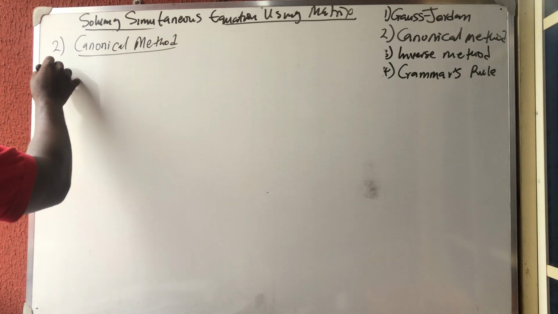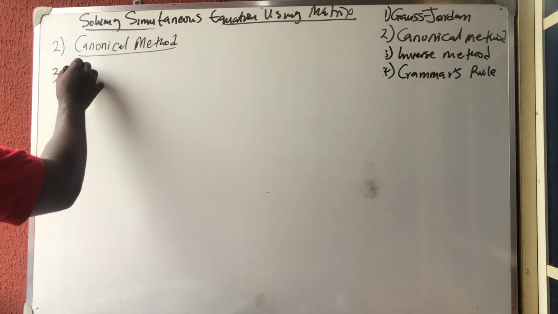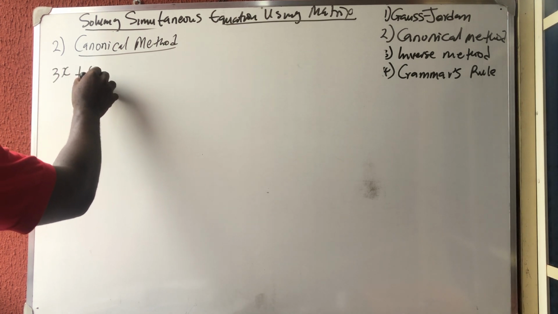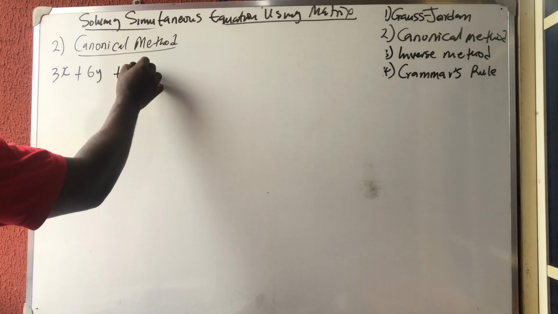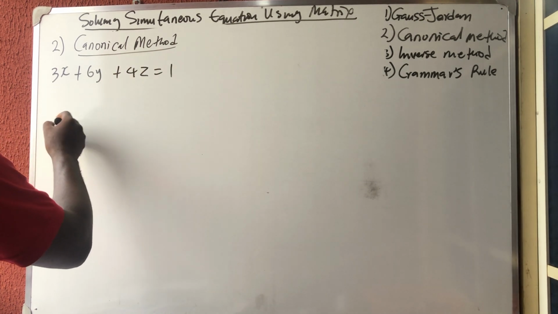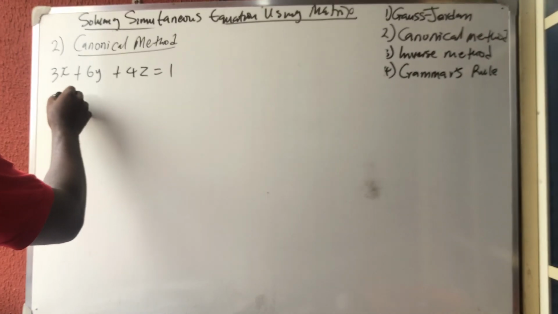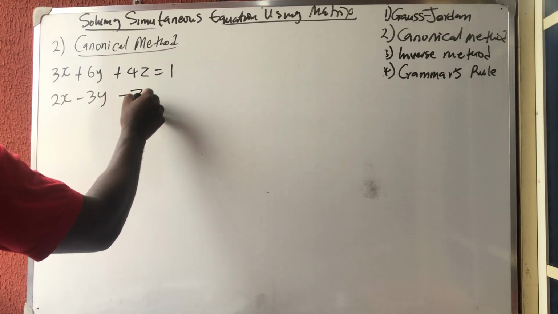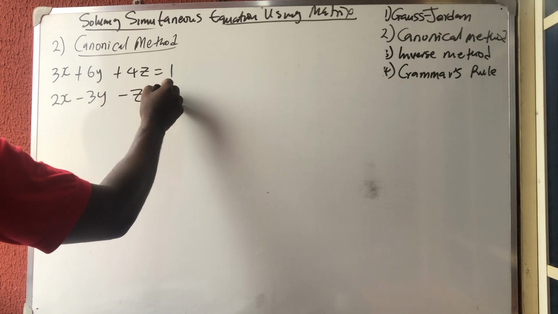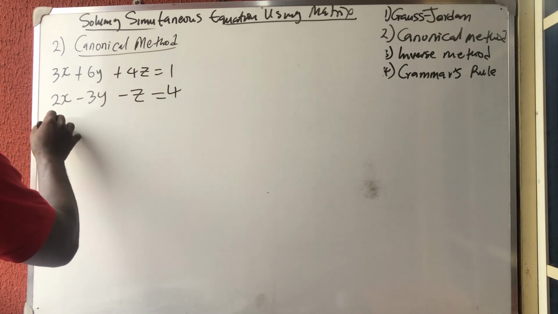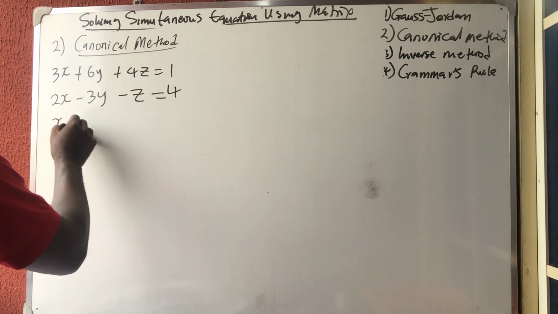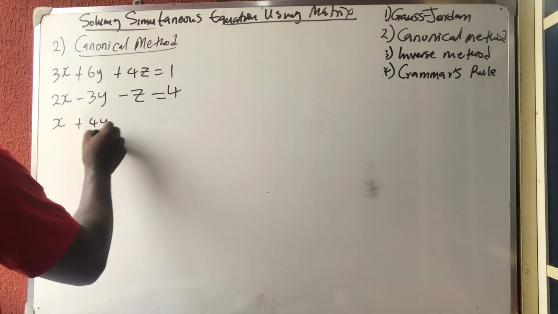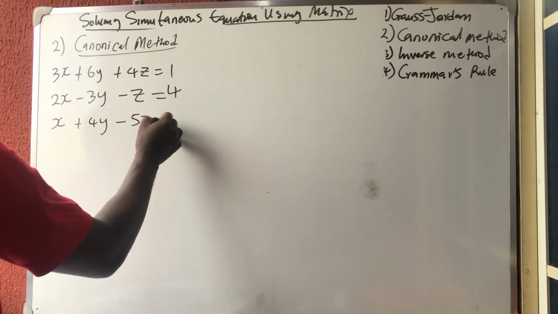So I'm having that what? 3x plus 6y plus 4z is equal to 1, and 2x minus 3y minus z is equal to 4, and x plus 4y minus 5z is equal to what?